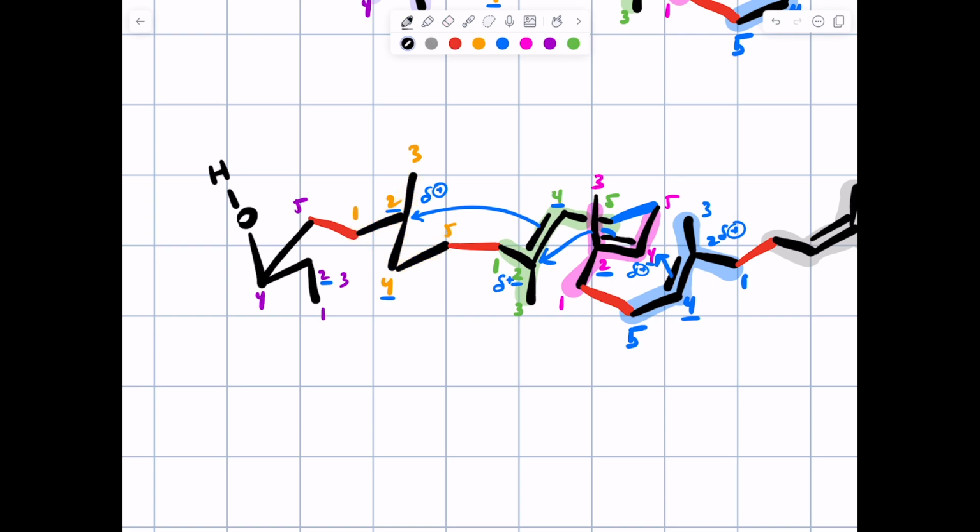I'm going to swing this methyl group up in this direction, and then in blue I'm going to show the new bond we make between purple isoprene subunit, purple carbon 2 and orange carbon 4. Then we'll illustrate the new bond that we make between green 4 and orange 2.